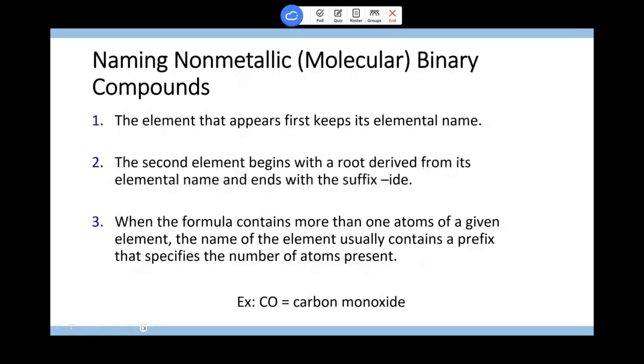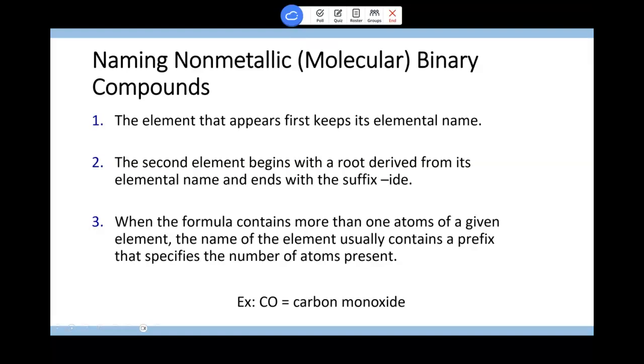This next slide has really the 3 steps that we follow. And I have an example at the bottom here, CO, which is carbon monoxide, which we'll look at as we go down this list. So first, the element that appears first in the molecule keeps its elemental name.